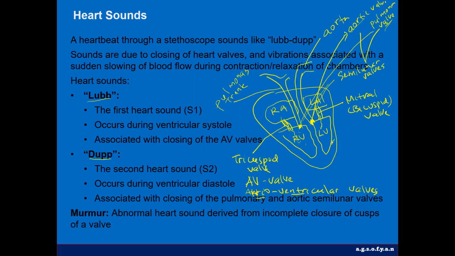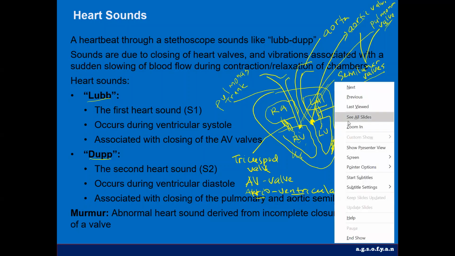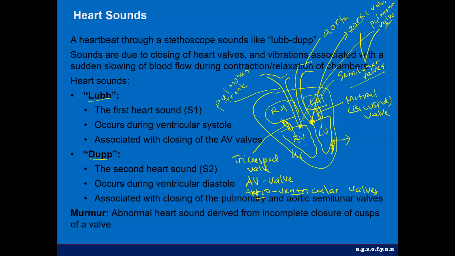So there will be ventricular contraction over here. Now, when the ventricle contracts, it will open the semilunar valve because there is a pushing. At the same time, this contraction will close the AV valve.